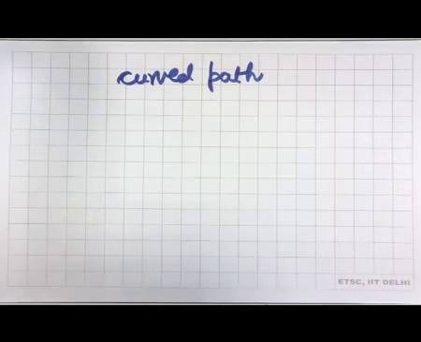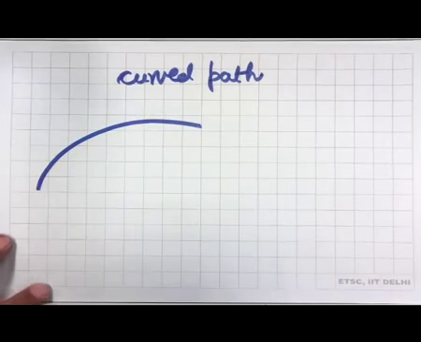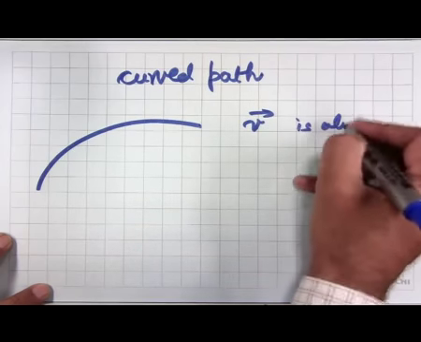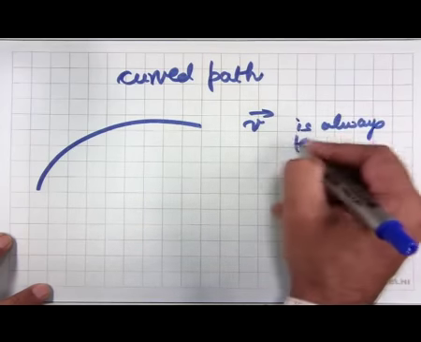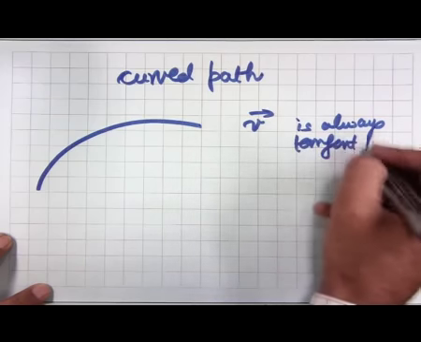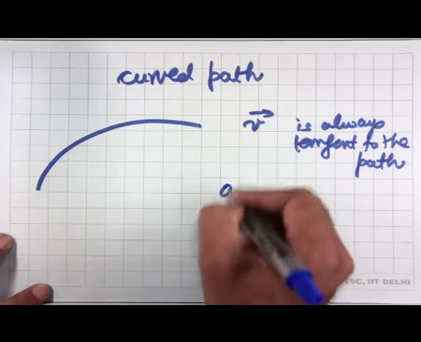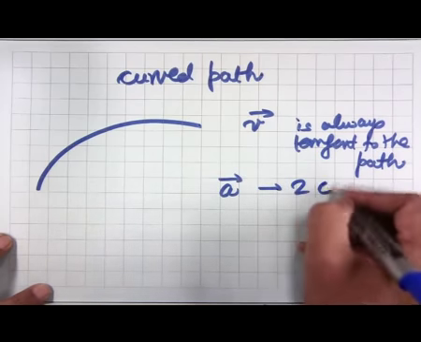Just to recap, what we had seen was when a body moves along a curved path, then the velocity is always tangent to the path and the acceleration has two components.